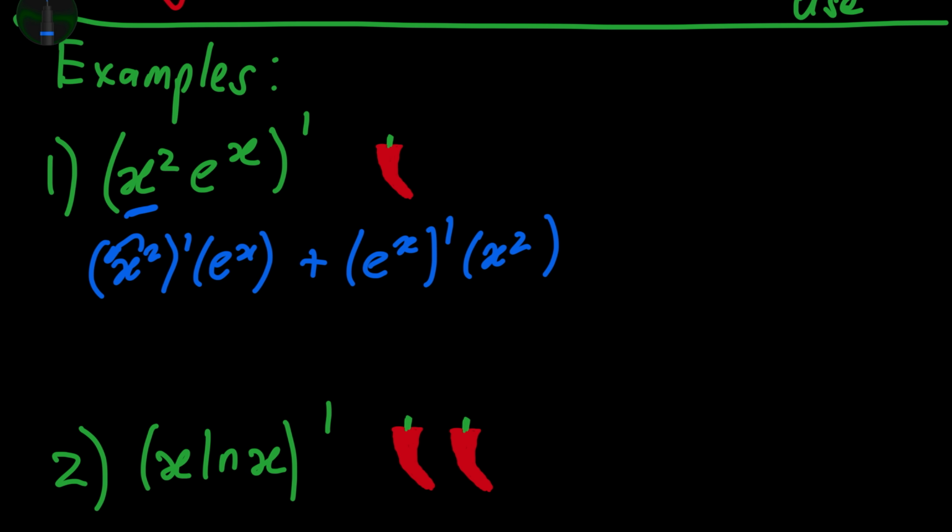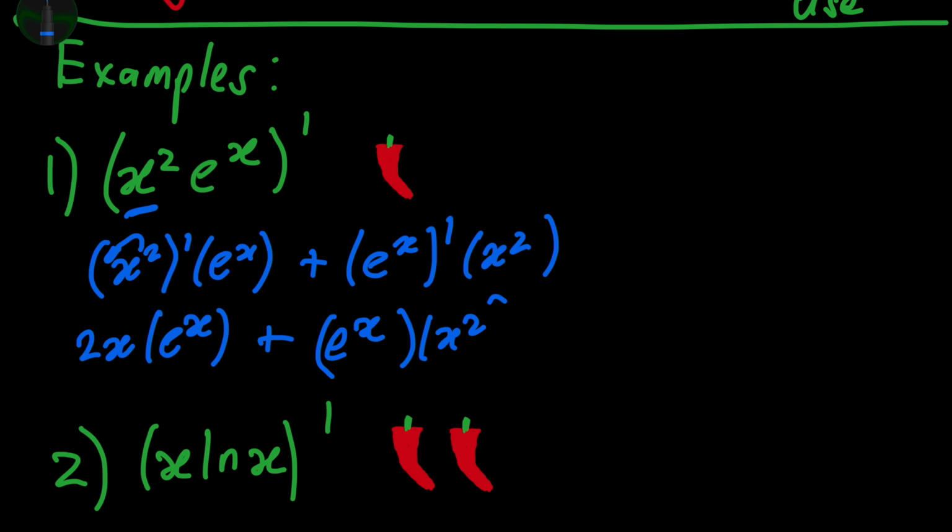We put the 2 in front and we subtract 1, so it's 2x, and then multiply that by e to the x, plus the derivative of e to the x is e to the x, and maybe we can get into that in another video, but these are just simple formulas which we can cover later. And e to the x times x squared. And that's basically it. And then we can open this up.